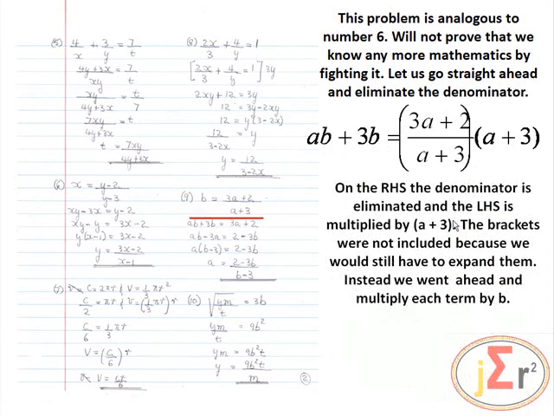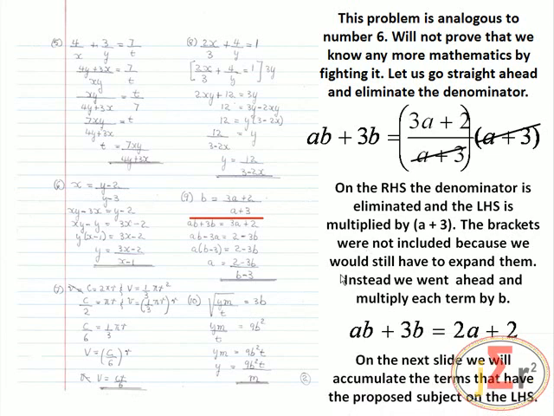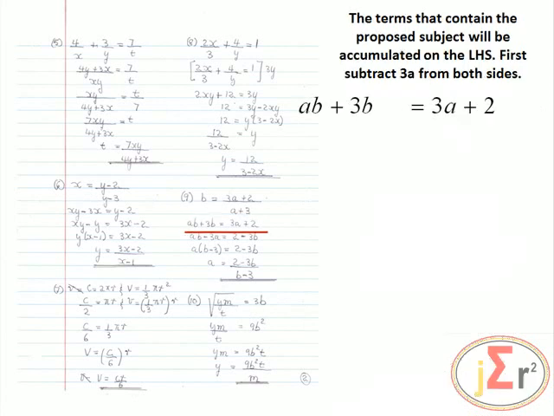So on the right hand side, the denominator is eliminated, and the left hand side is multiplied by a plus 3. The brackets were not included because we would still have to expand them. Instead, we went ahead and multiplied each term by b right off the bat. So all we have there is that on the next slide we will accumulate the terms that have the proposed subject on the left hand side.